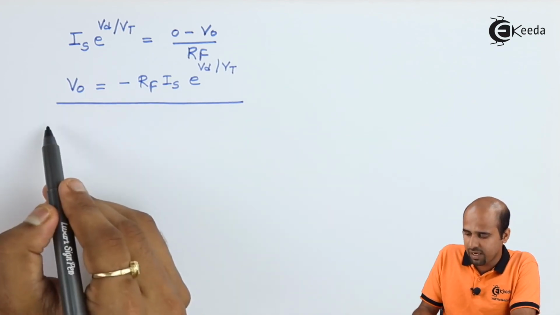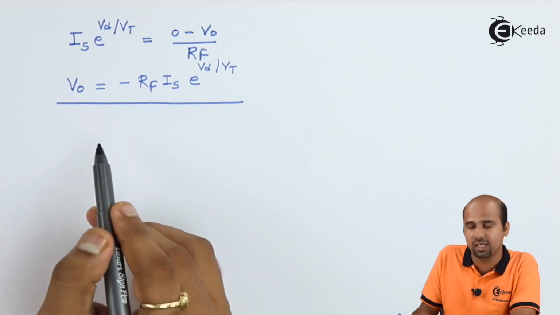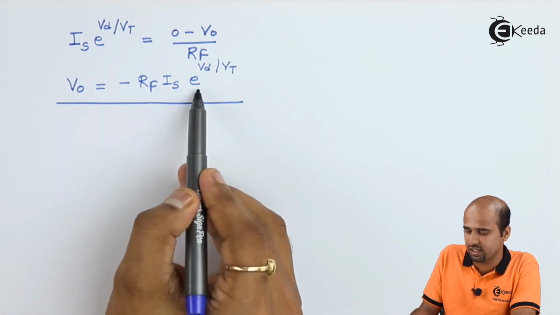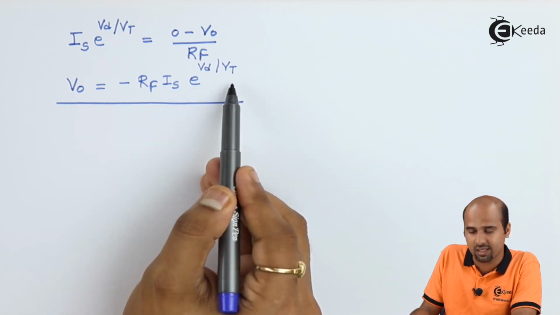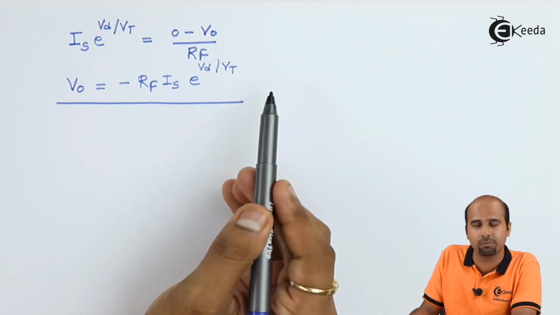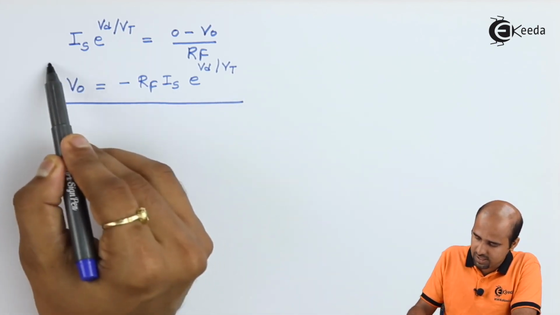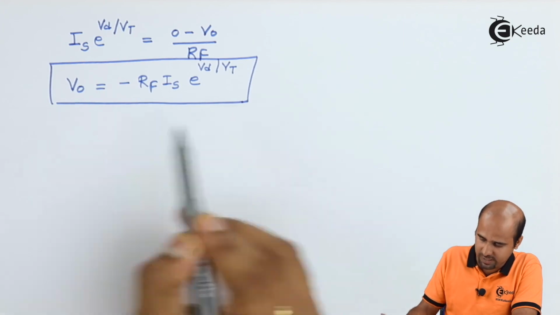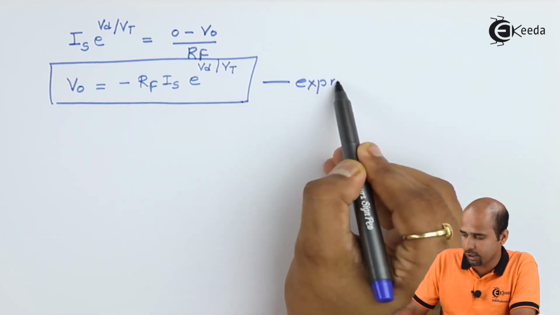In the log amplifier we have got ln, and in the anti-log amplifier the inverse of ln, that is nothing but e to the power something, and that e to the power something I can easily convert into 10 to the power something by just a mathematical expression. This is your expression which is expected for the anti-log amplifier.